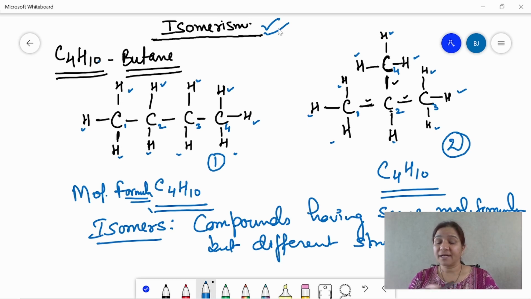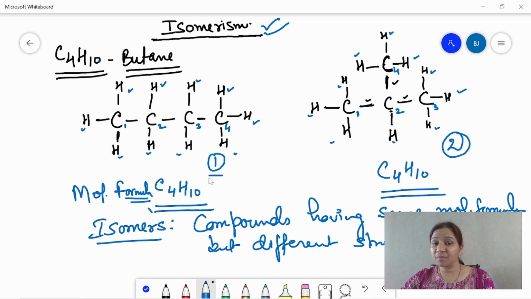Now, regarding the isomers, since their structures are different, their physical properties will also change. So we can say isomers differ from each other in their physical properties. Physical property means, for example, their boiling points will not be the same, even though they have the same carbon atoms and the same hydrogen.